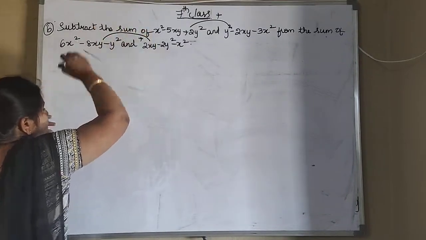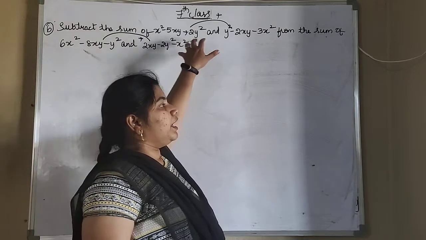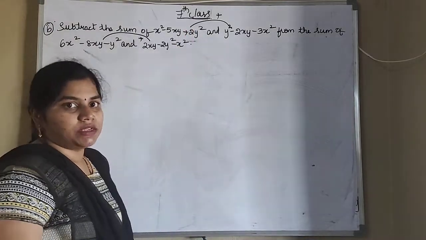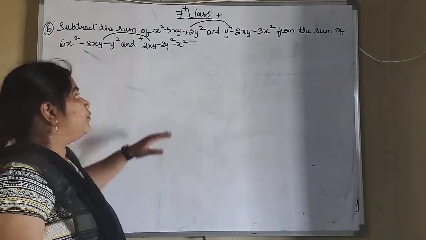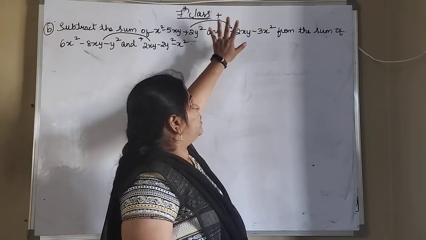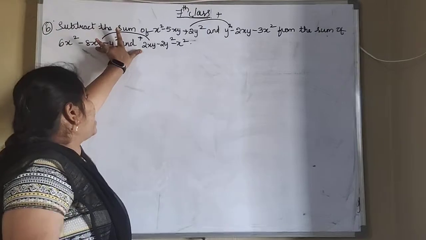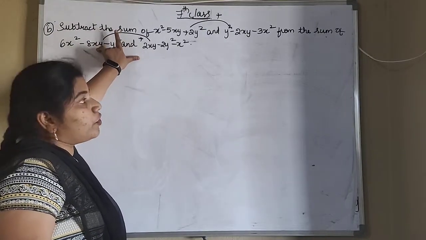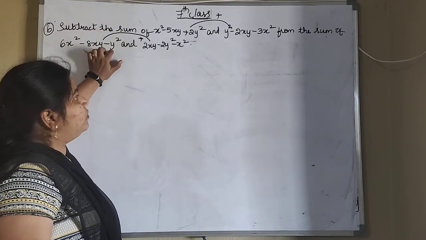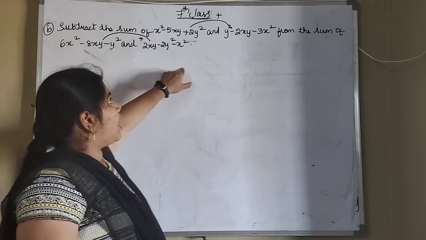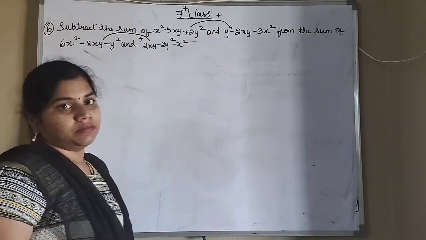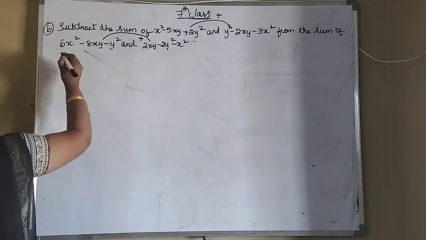Then we have to subtract. So first we add the first expression and the second expression, then add the other two, and from this answer we have to subtract that answer. So we will see what that is.